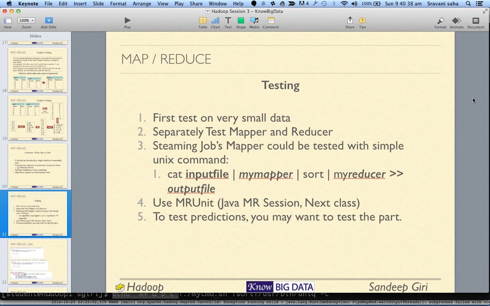So if somebody predicted my behavior before the data of 2014, they must have said that Sandeep Giri is going to like XYZ movie, or some movie which was released earlier this year.